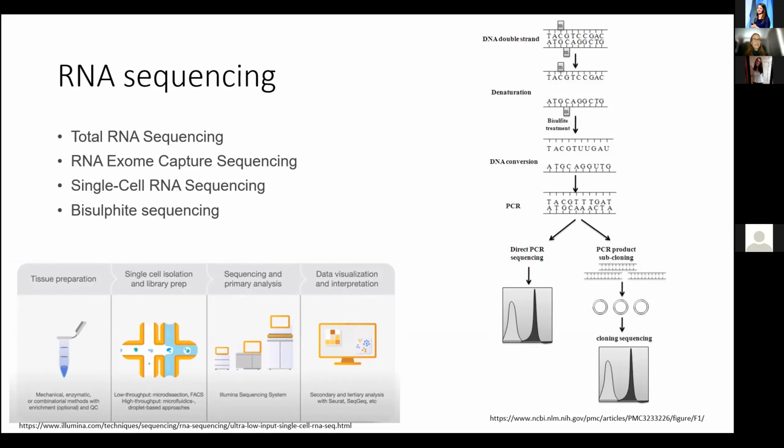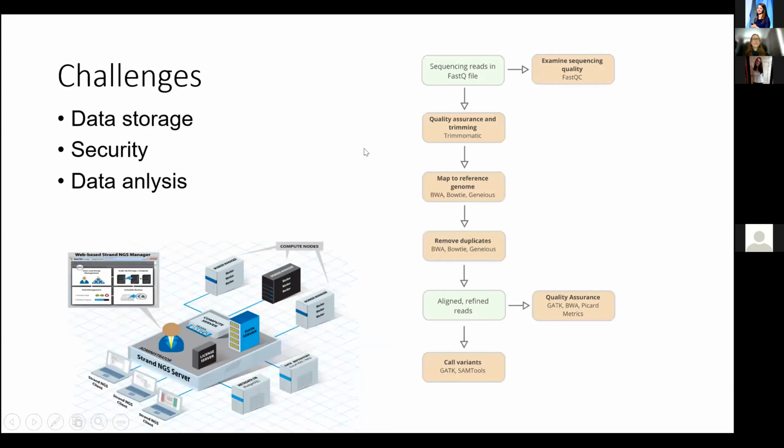After the DNA is treated with bisulfite, it converts unmethylated cytosine into uracil. However, the methylated cytosine remains unchanged. In this way, we can discover, for example, silenced tumor suppressor genes, and so on.